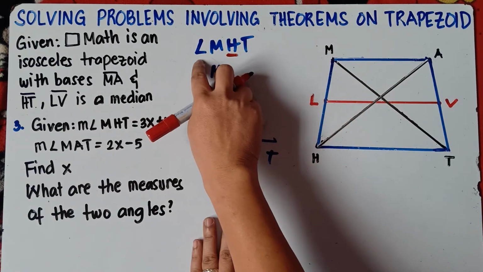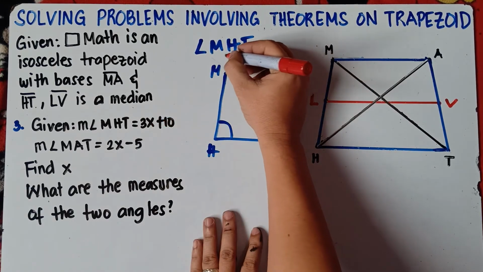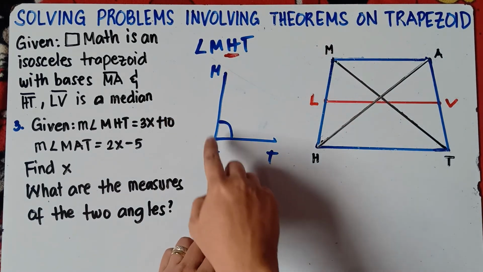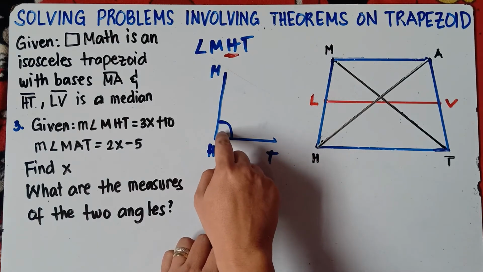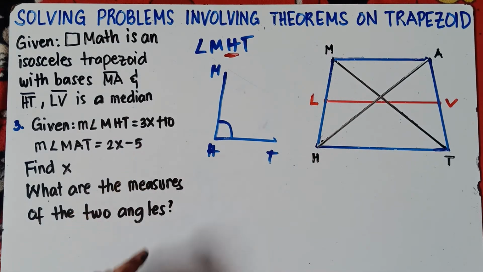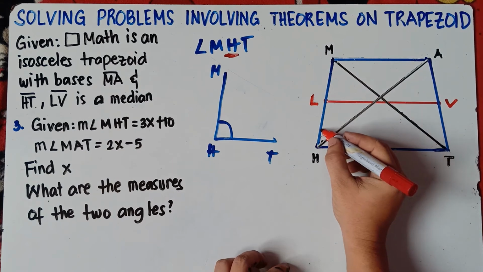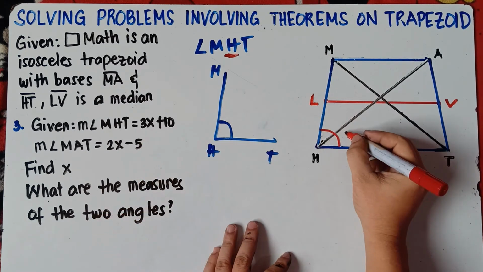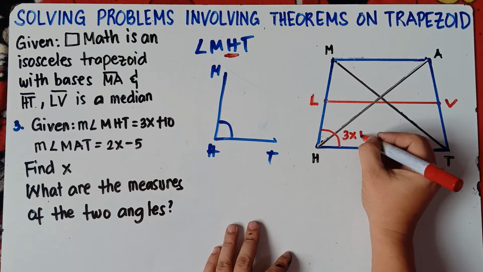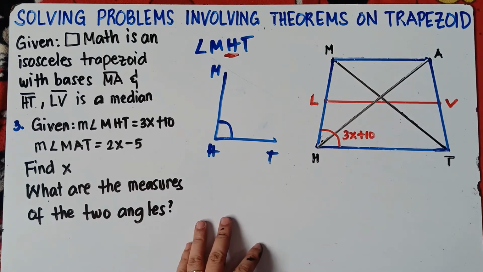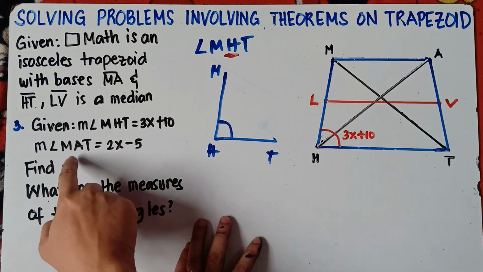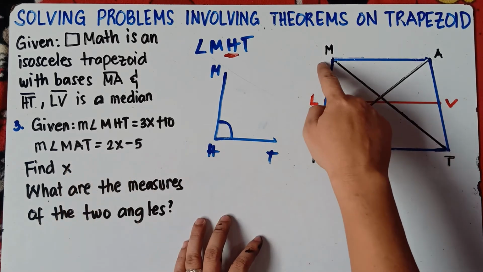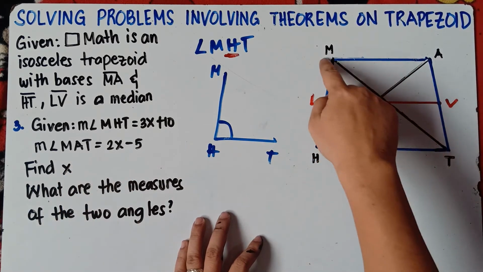You're looking for angle H, so this angle H right here, the lower base angle, has a measure of 3x plus 10. And the measure of this one, angle MAT.